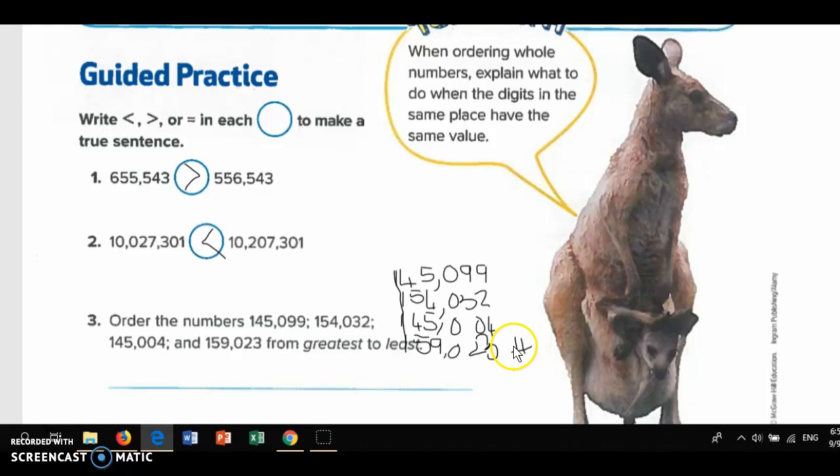This one will be number 1. This one will be number 2. Now we have a look at 0, 0, 9 and a 0. So this one is number 3. And this one will be number 4. Now you just have to write it here from the greatest to the least.